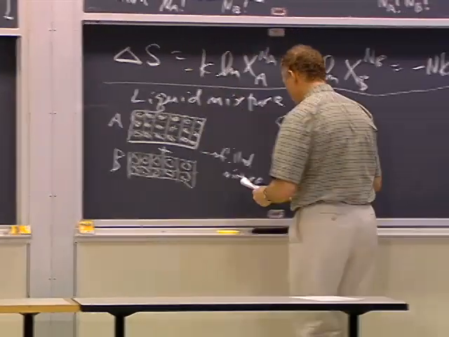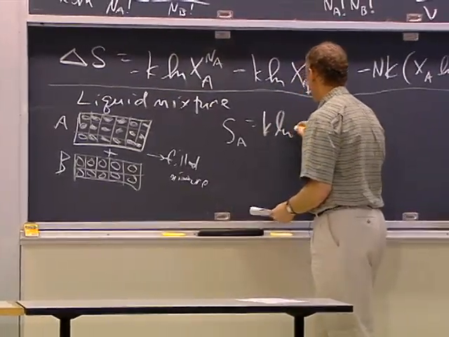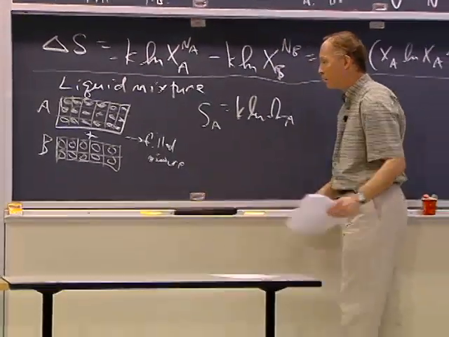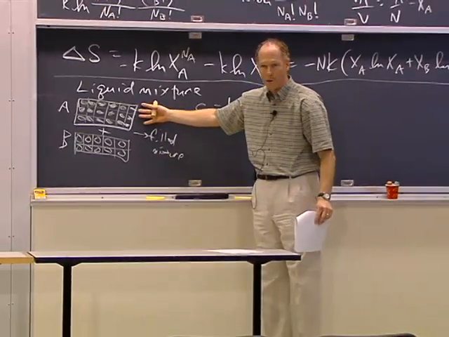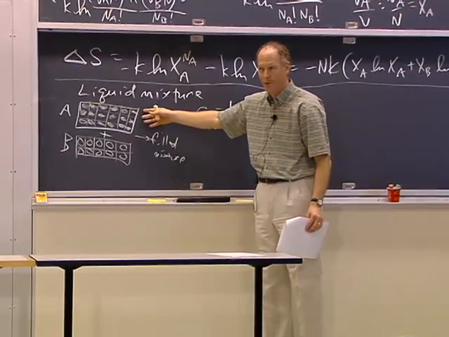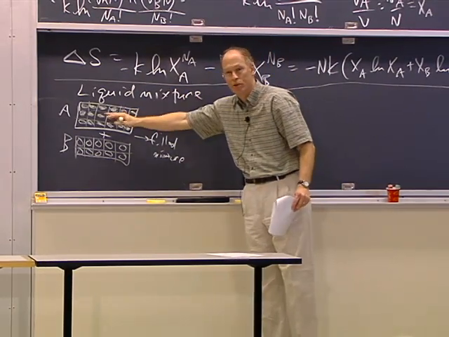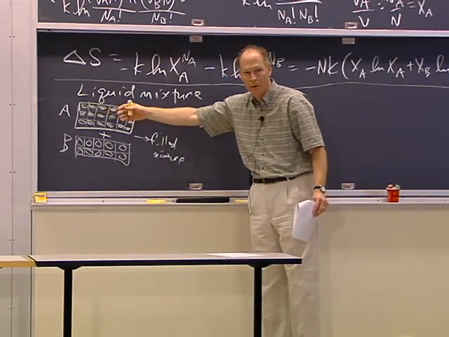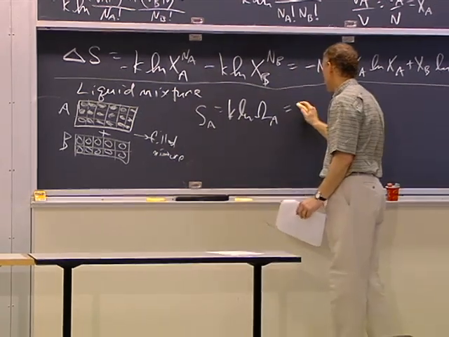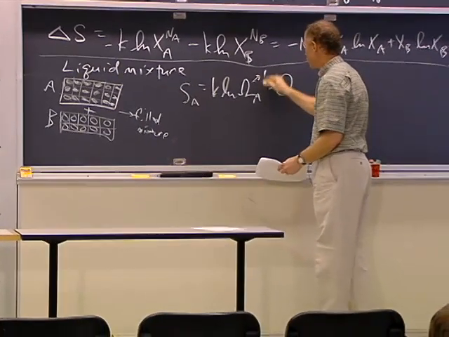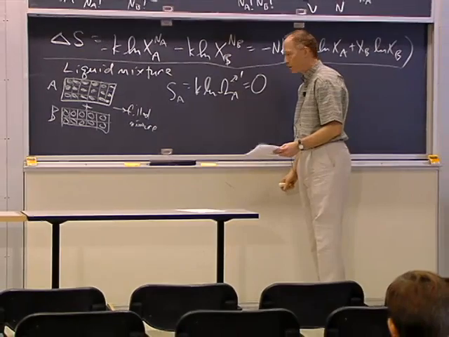So entropy is just, right, S = k log Omega_A. There's only one system state. All the lattice sites are filled, and they're all filled with A. So there's only one way to do it. And of course, it doesn't matter if you interchange them. They're indistinguishable. So this is 0, right? Omega is 1. There's only one state.